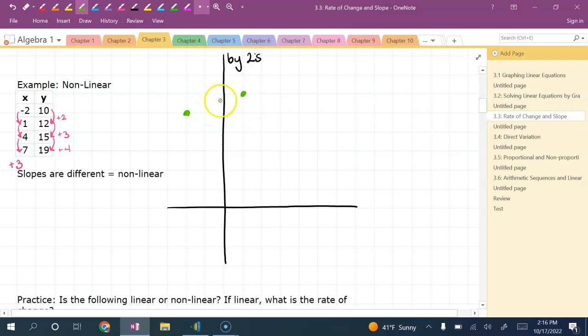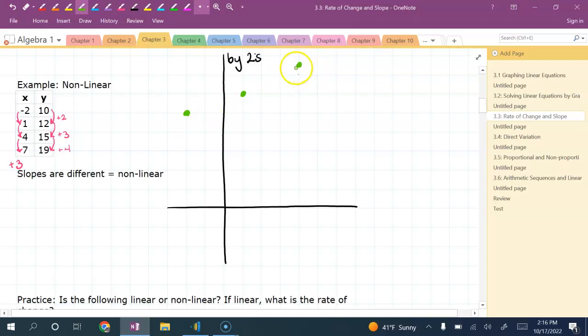Now those 2 points look linear right now. But if I go to 4 and I go up to 15, so 2, 4, 6, 8, 10, 12, 14, 15, there's no way for me to connect these 3 points with one straight line.